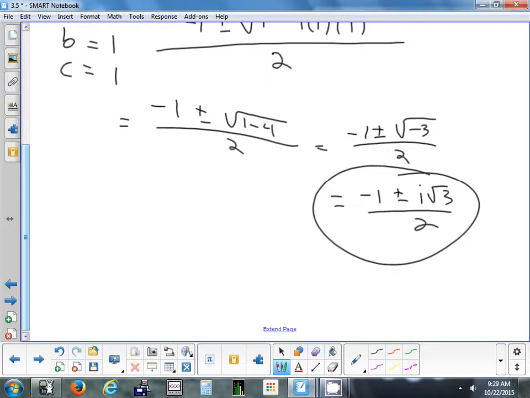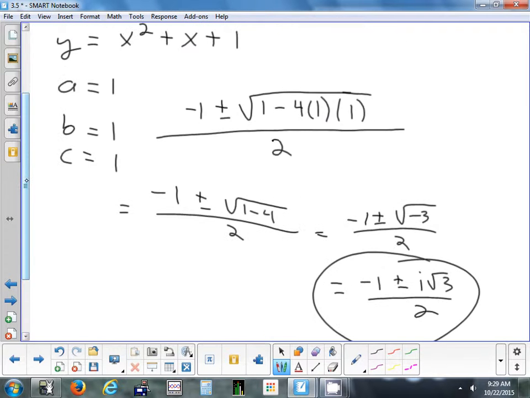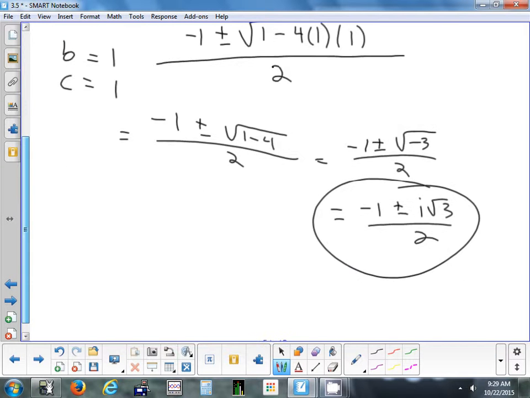Those are the roots to this problem. You can't get those on a graphing calculator. If they wanted it in standard form, this is not standard form. They didn't say to, that's why I didn't. But if they did, you could write it this way.